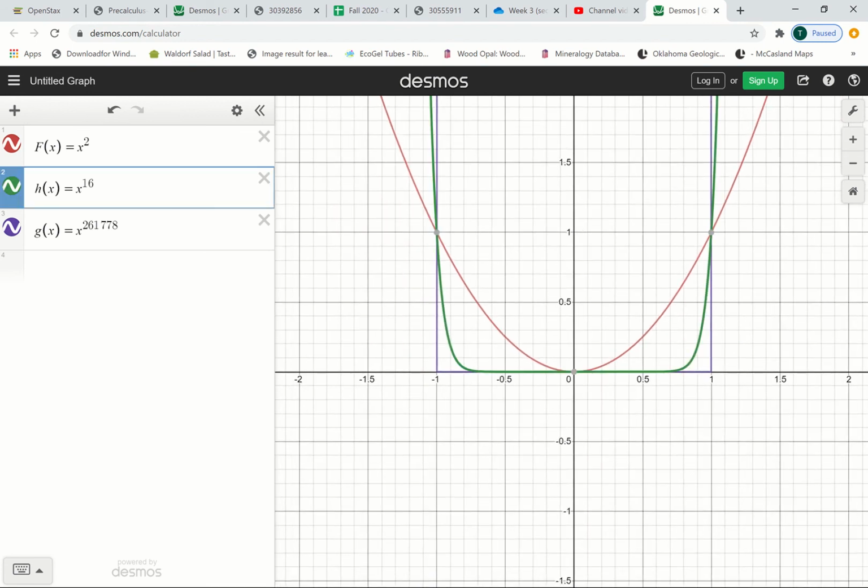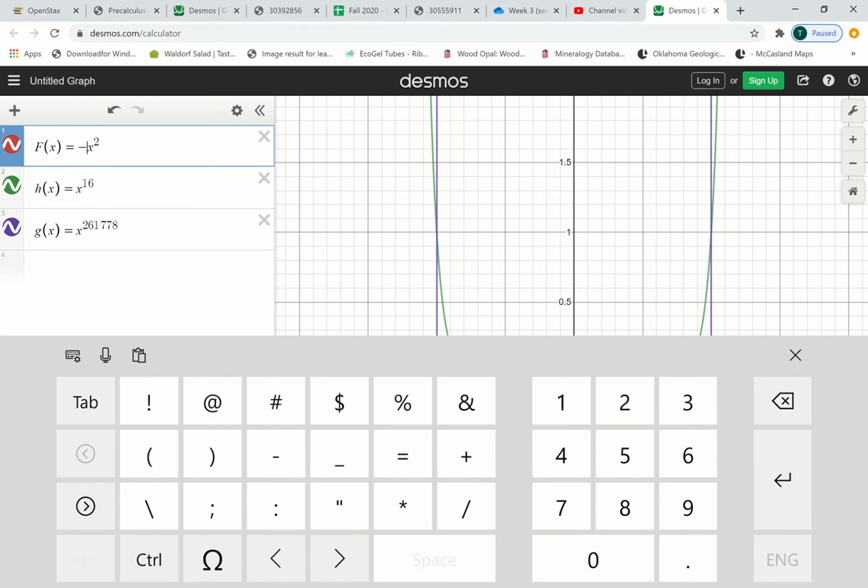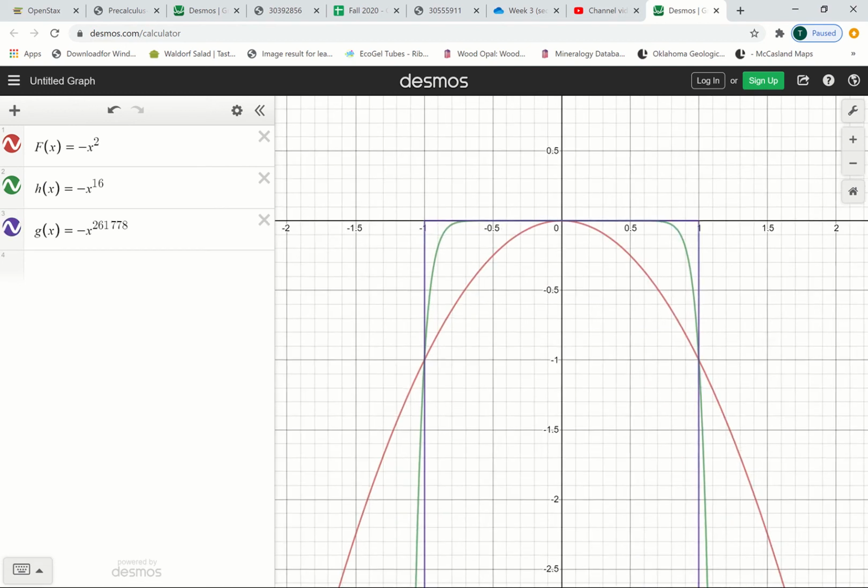Now, let's say I made them all negative. All right, so I made them all negative. Notice that flips it over the x-axis so that now, instead of when our x's go off in the infinite directions, both negative and positive, our y is going to now become super negative.